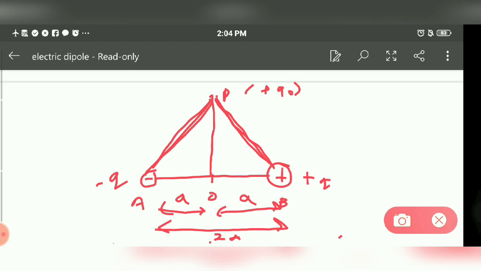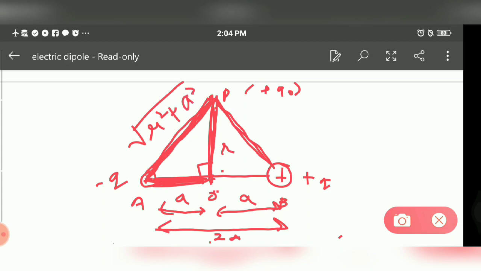So first we find this distance and this distance, only then we can find the magnitude of electric field. Now this distance is what? If we consider the distance between O and P, this is a right angle triangle. We know the base is A, this is R, then this is under root of R square plus A square. Similarly, this is A, this is R, this is under root of R square plus A square.